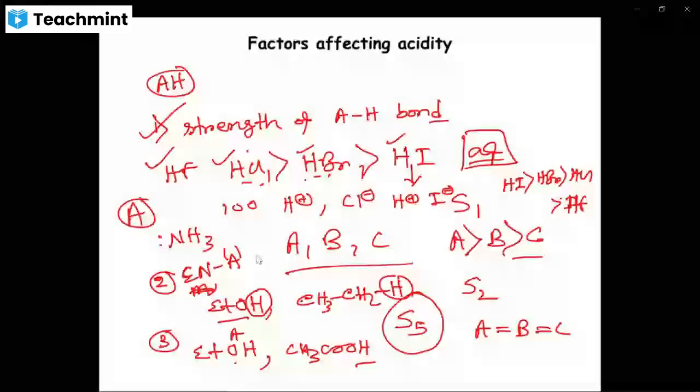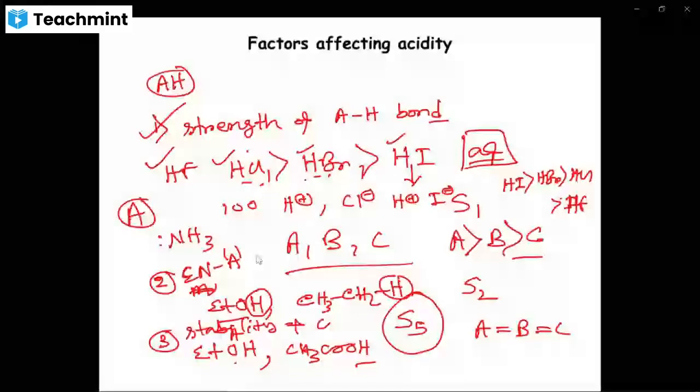Yeah. So the point here is the stability of the conjugate base, right?